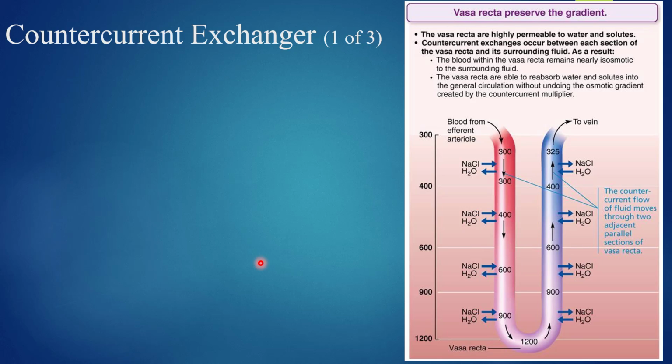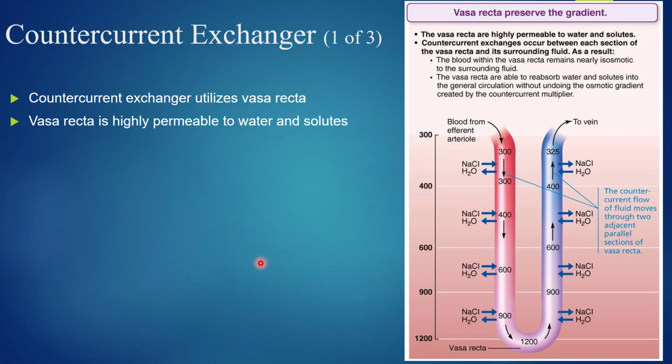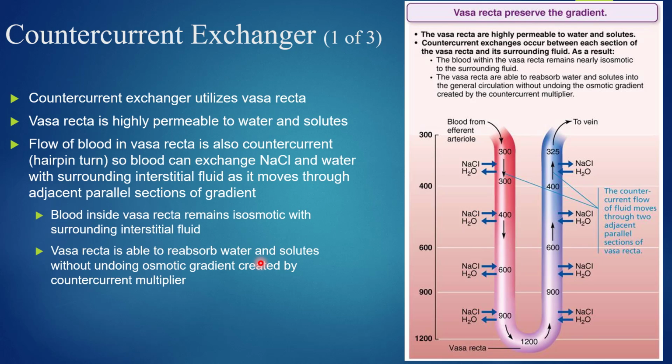The blood within the vasa recta remains nearly isosmotic to the surrounding fluid. The vasa recta are able to reabsorb water and solute into the general circulation without undoing the osmotic gradient made by the countercurrent multiplier. So the exchanger itself is highly permeable to water and solute.